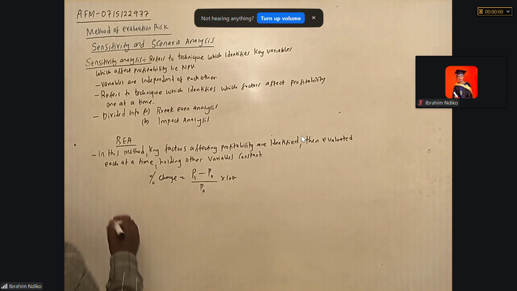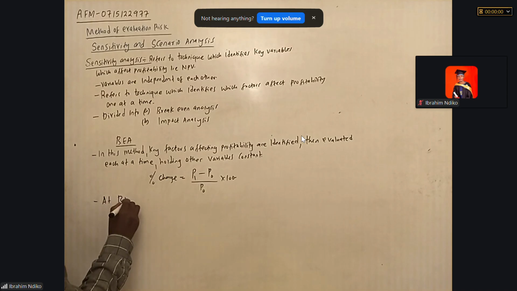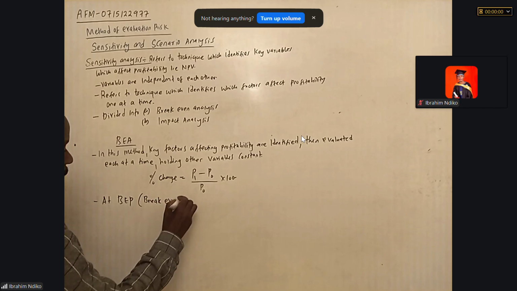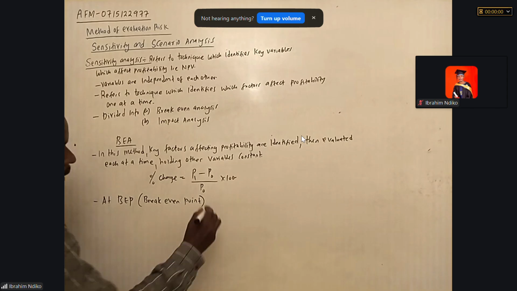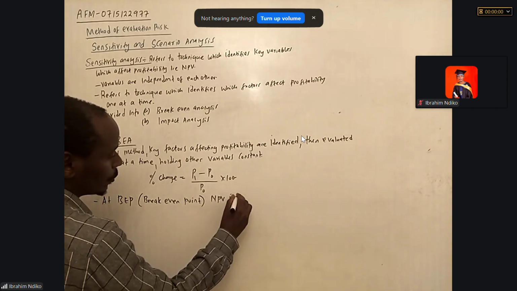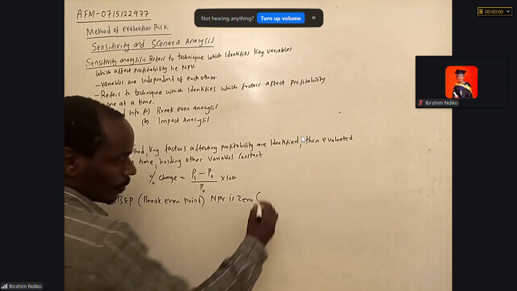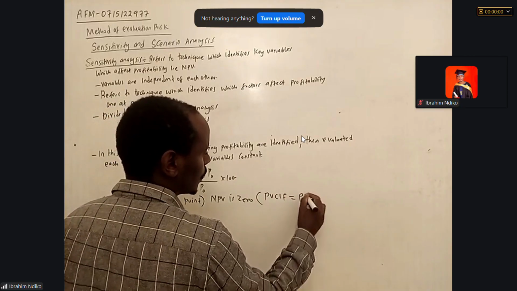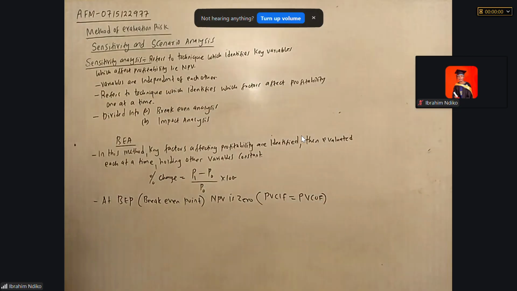And then remember at BEP, the break-even point, NPV is 0. So at the point of break-even, NPV is always 0, and the present value cash inflow is the same as the present value cash outflow.